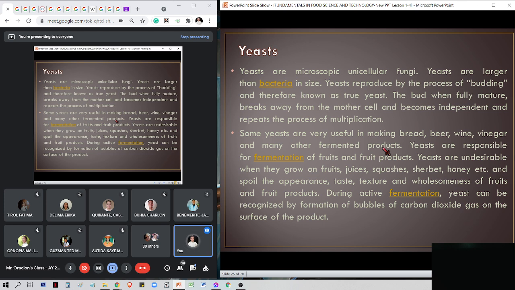Basta mura siya grains na nagagmay lang siya kayo. So mura siya powderized dapit pero dagko-dagko lang sa kanang powder. So that is what we are using in the fermentation. So, yeasts are undesirable when they grow on fruits, juices, squashes, or sherbet. Kay after aning yeast, mo-form man dayon ni siya ang molds.